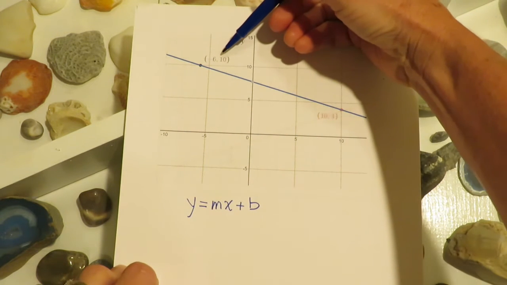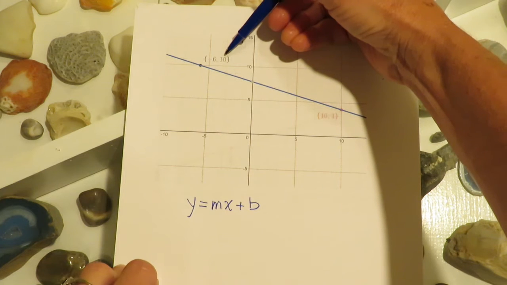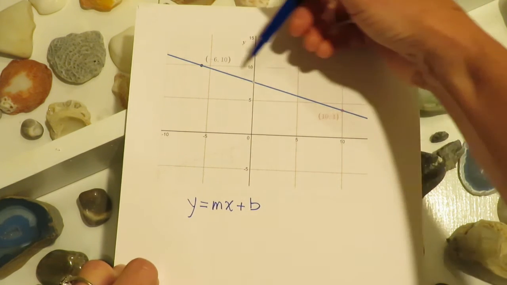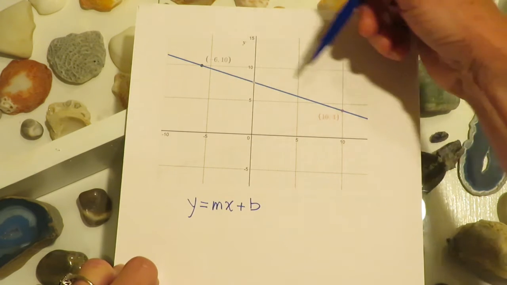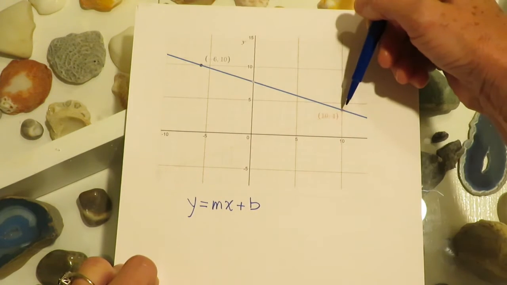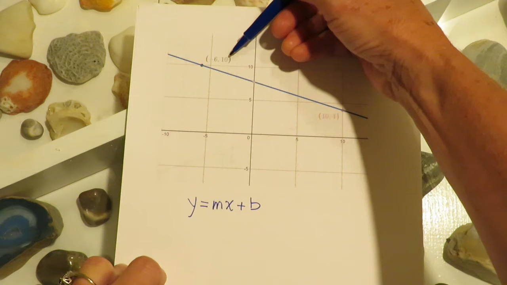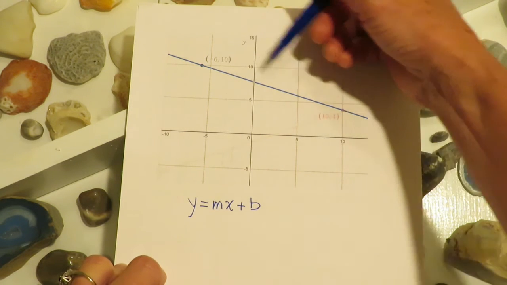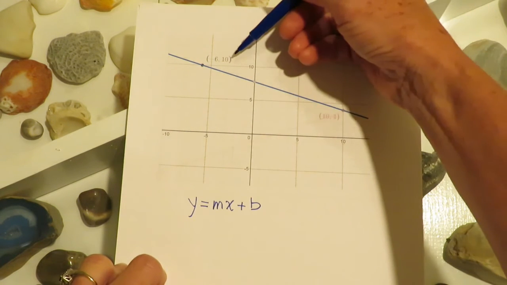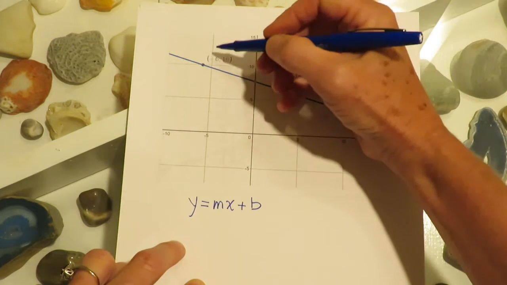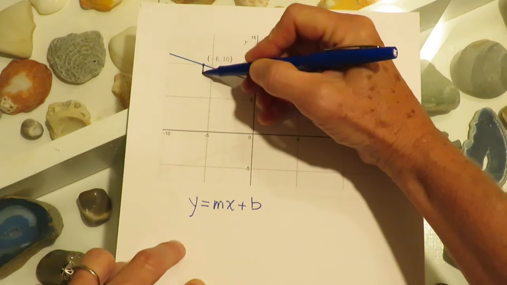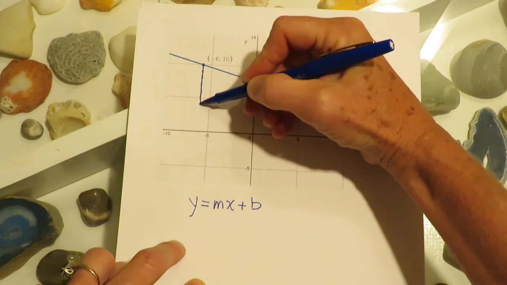Notice this point has a y value of 10, and if I use this other definitely known point and move from that point to this point, my y value goes down from 10 to 4. If I decrease from 10 to 4, that is a decrease of 6. So 1, 2, 3, 4, 5, 6.